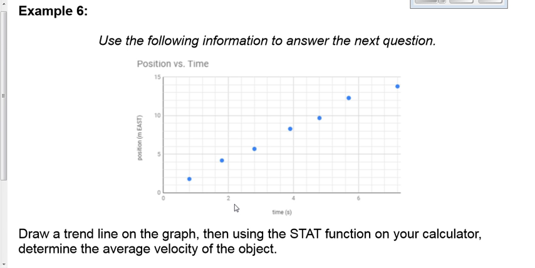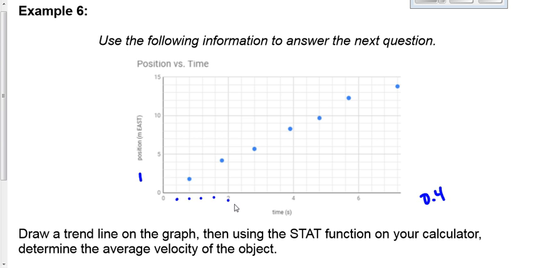So I want you to bear with me on this, and follow along. What we have to do first is identify the xy coordinates of each of these points. It looks like each of these lines is going up by 0.4. Right? 0.4, 0.8, 1.2, 1.6, 2. Each of them on this axis is going up by 0.4, and on this one, each of them are going up by 1.